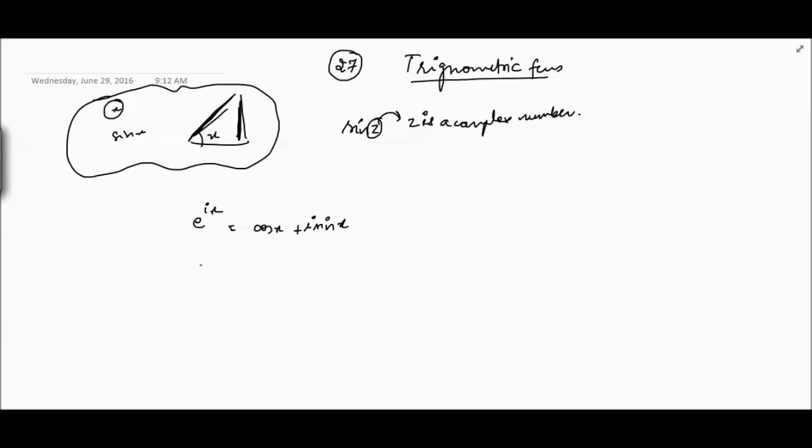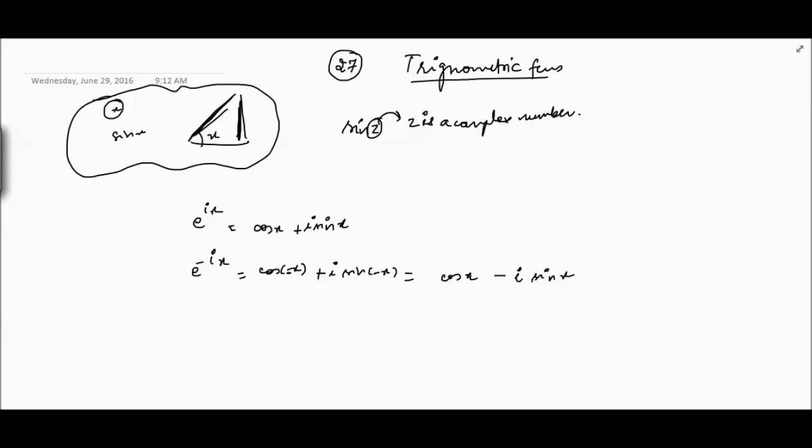If I replace i with minus i, I have e raised to power minus iota x equal to cos of minus x, that is again cos x, plus iota sine of minus x. This equals cos x minus iota sine x, because cos is an even function, so negative x makes no difference, and sine is an odd function, so sine of minus x is minus sine of x.